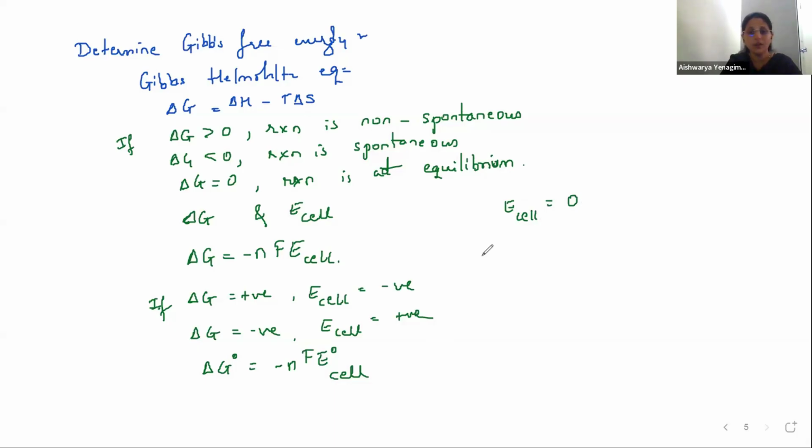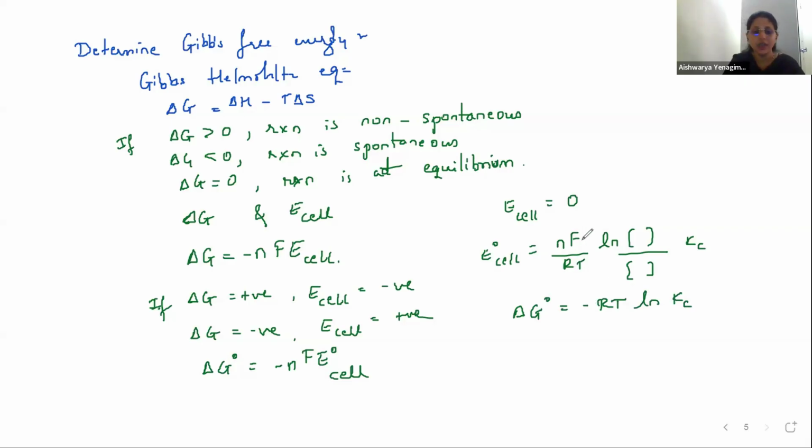So E naught cell equals RT by nF, natural log of the concentration terms. And this concentration term is nothing but Kc. Understood up to here? It is Kc. So delta G naught is equal to minus RT ln Kc.